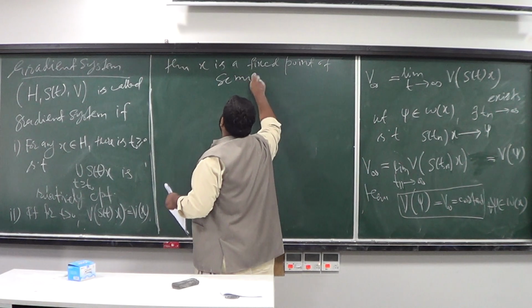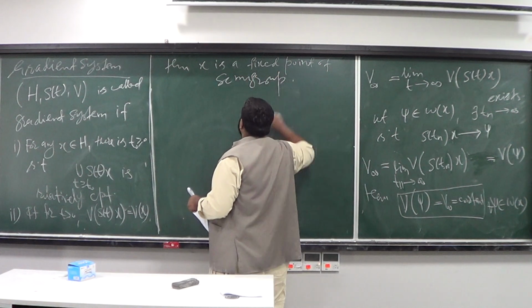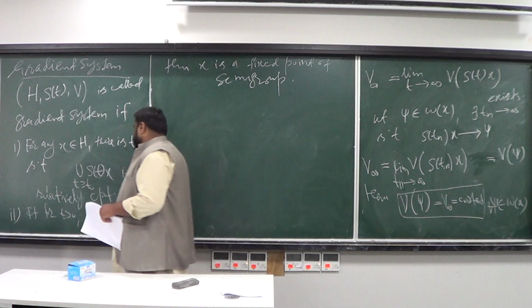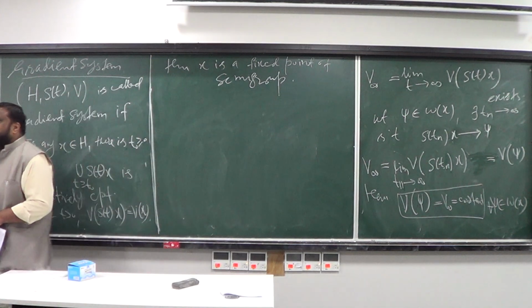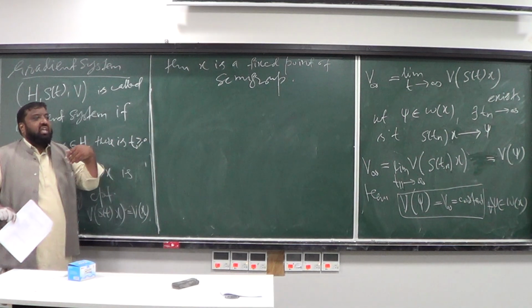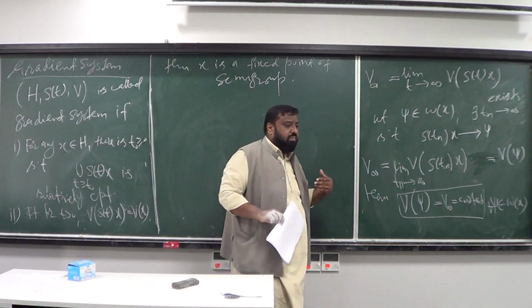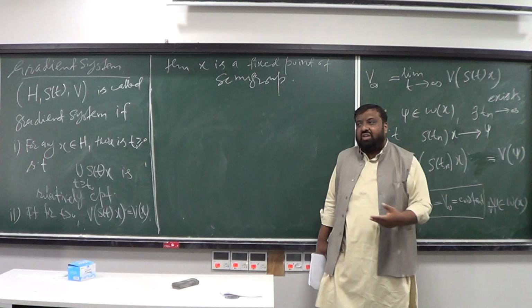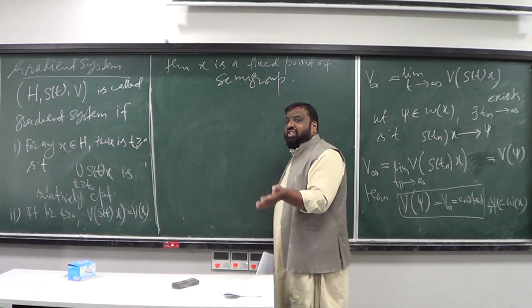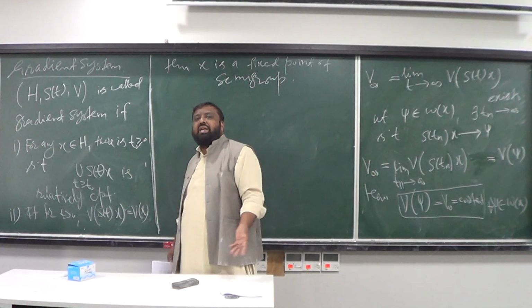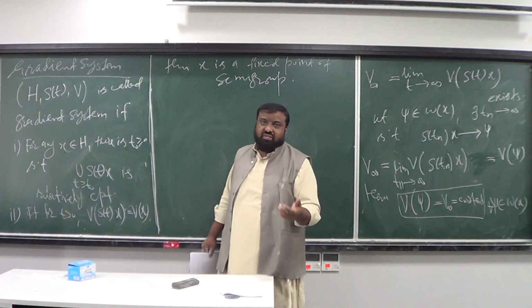And in terms of PDEs, or the nonlinear evolution equation, if this is true, then x is not only a fixed point of the semigroup, but it is also a stationary solution, a time-independent solution to your nonlinear evolution equation.